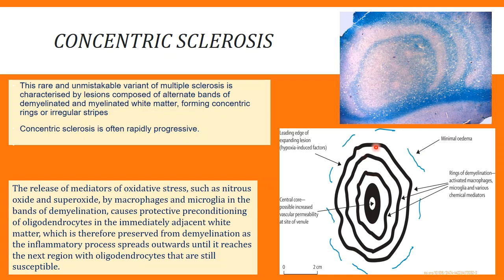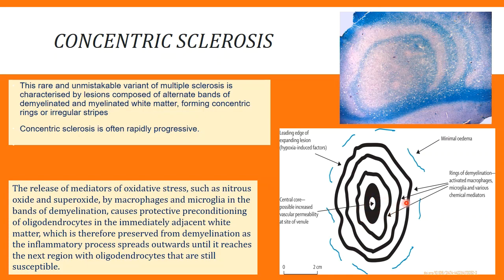So what do you see here? We see the concentric lamellar appearance, or the concentric sclerosis, seen in multiple sclerosis. There is minimal edema that you can appreciate. Now this is the leading edge of the expanding lesion, and this is the one which is producing the hypoxia inducing factors. The central core shows an increased vascular permeability at the site of the venule.